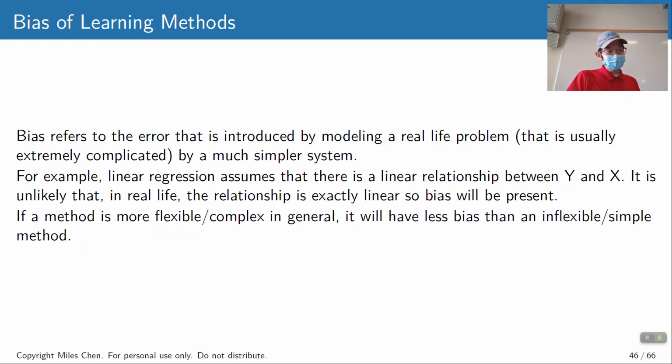Okay? And so, linear regression assumes the relationships between your x variables and y are linear. Okay? And if the true relationship is not linear, then you have bias. Okay?